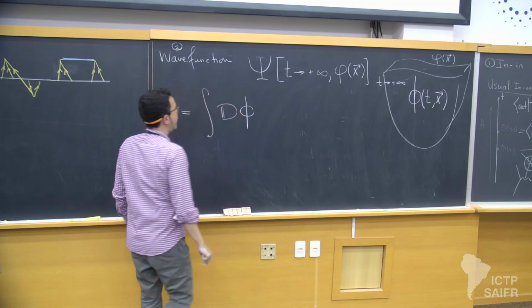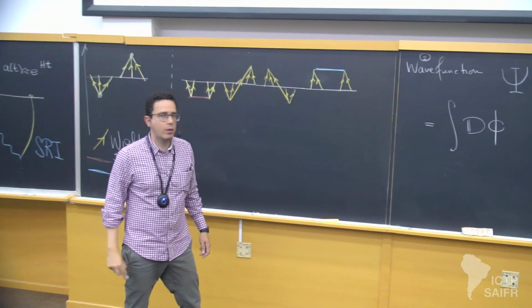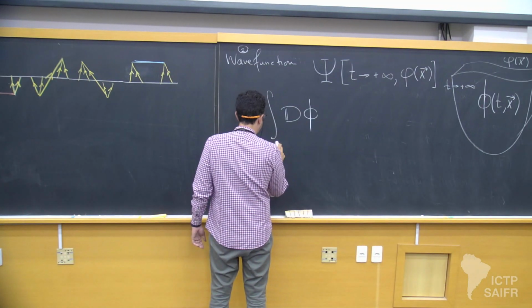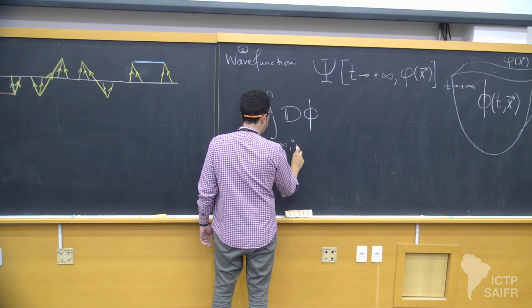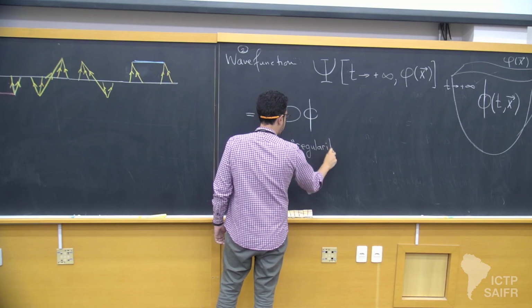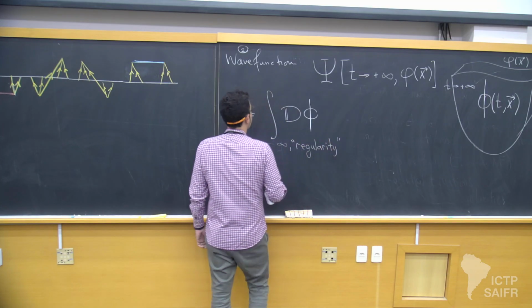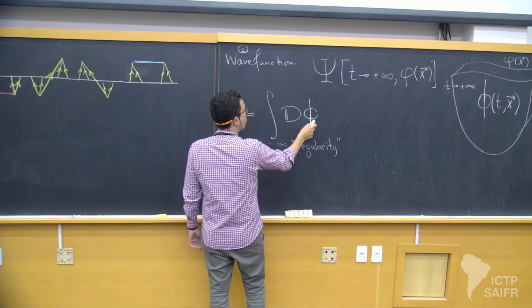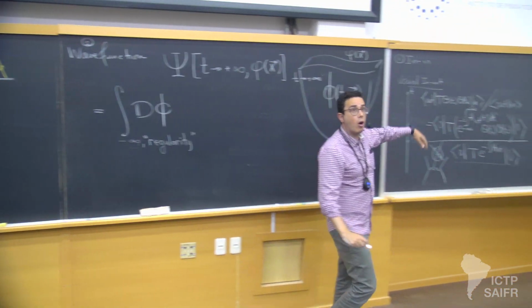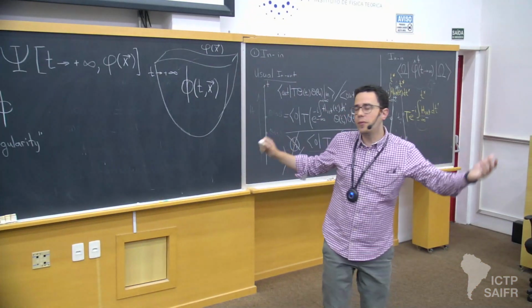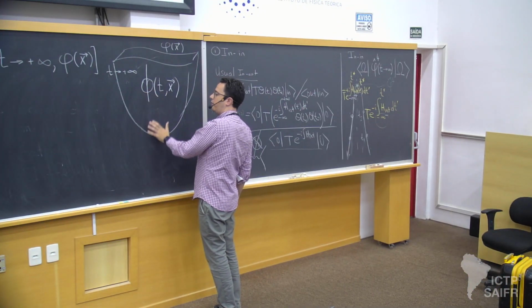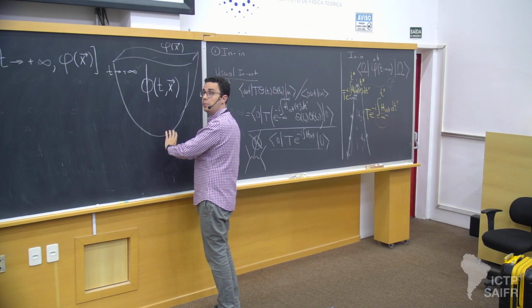Okay? And now the boundary conditions of the path integral are different. So at minus infinity, you want regularity, and we're going to discuss what that means in a second. And at plus infinity, you want the field configuration. So you integrate over 4-dimensional fields off shell, any field configuration you want, as long as the field gives some regular contribution to the action.